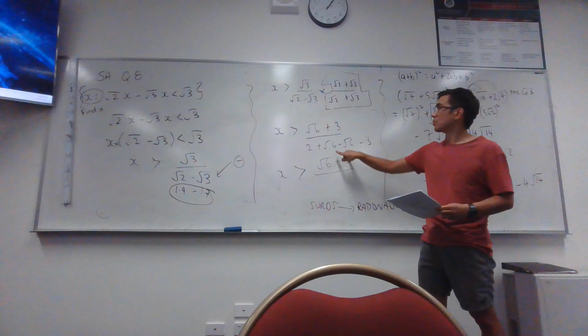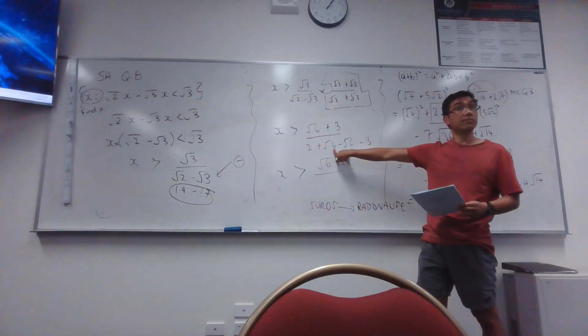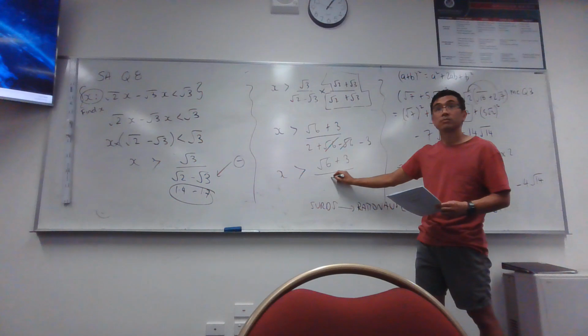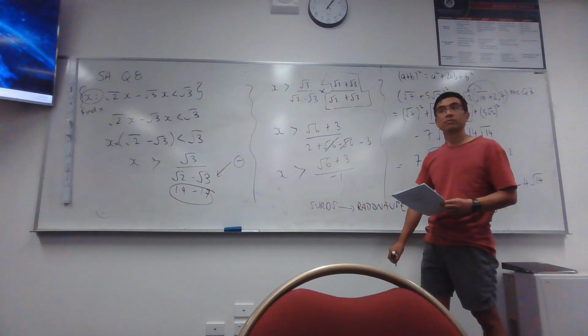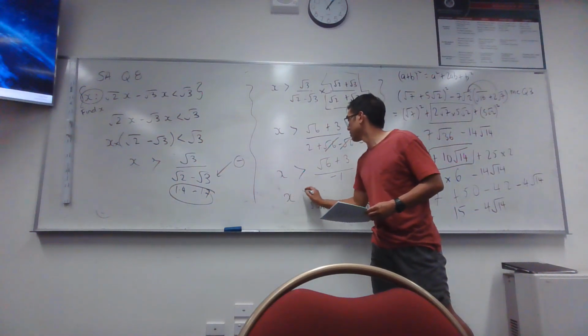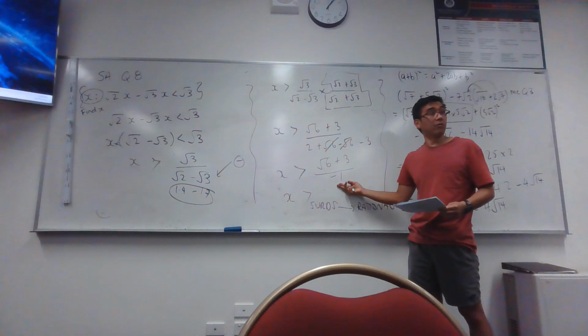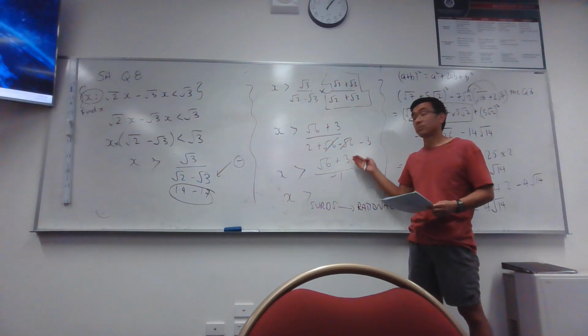On the bottom, what are we left with? It's 2 minus 3, which is a negative 1. When there is a negative 1, they like to apply it to the top.